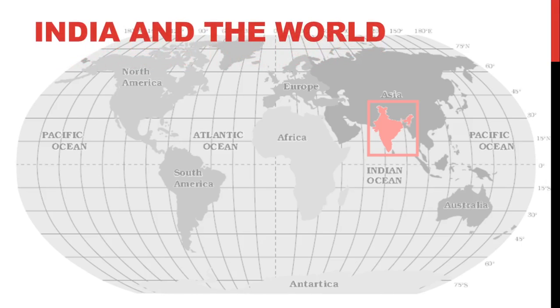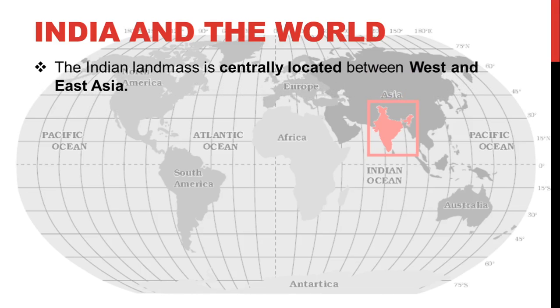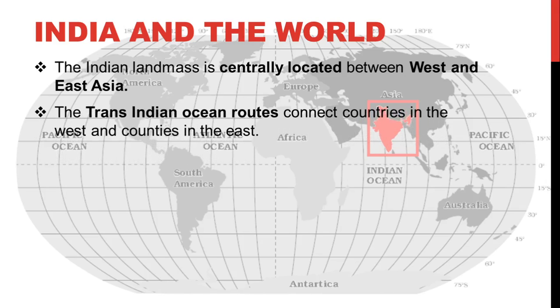India and the world. The Indian landmass is centrally located between West and East Asia. The Trans-Indian Ocean Route connects countries in the west and countries in the east.